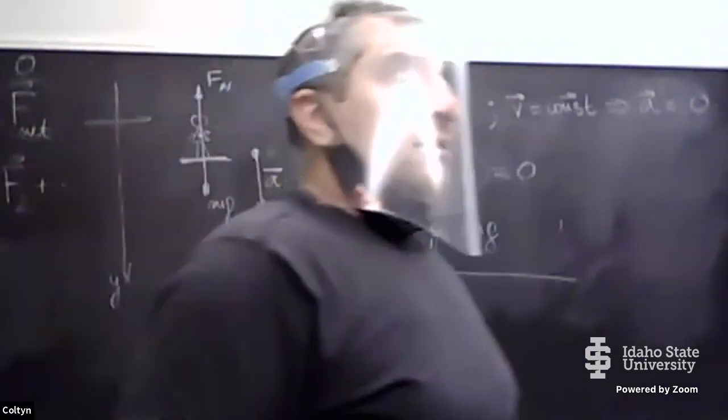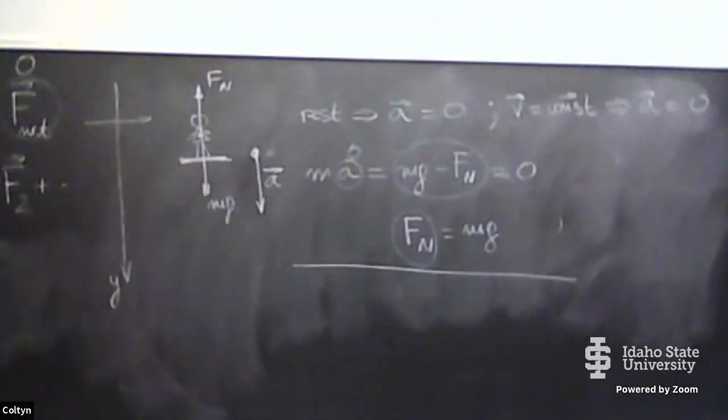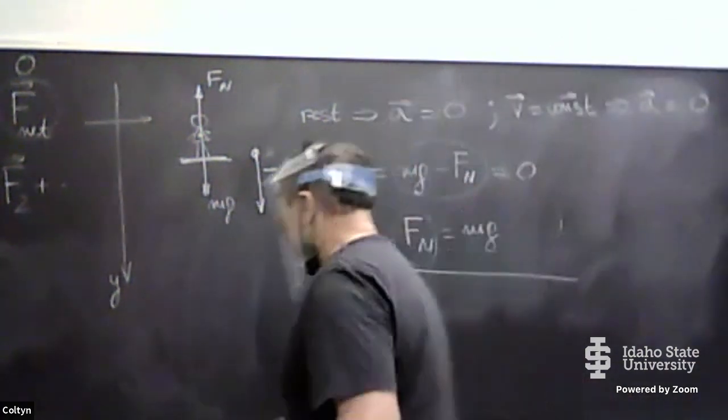Maybe the elevator is picking up speed in the downward direction, for example. Let's see what would be the weight that you feel. What would be your apparent weight? Well, we have to apply exactly the same procedure.